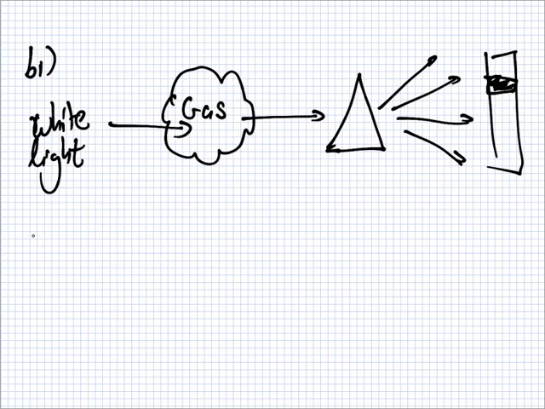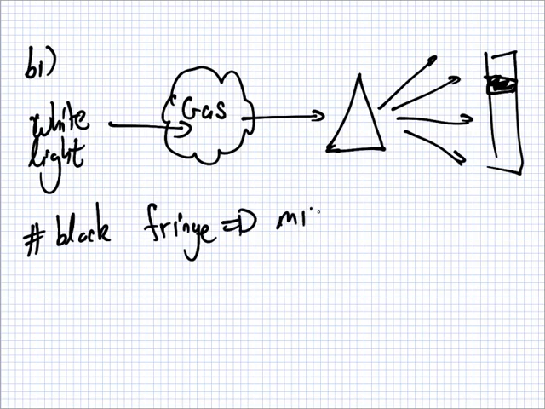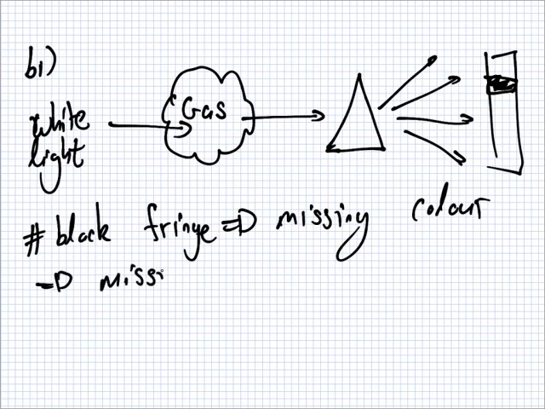So for example, here's the explanation. A black fringe, I guess, corresponds to a missing colour. And a missing colour means a missing wavelength, because different wavelengths have different colours. I think we said red was like 350 nanometers, and violet was like 650.